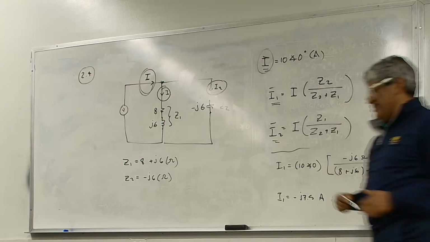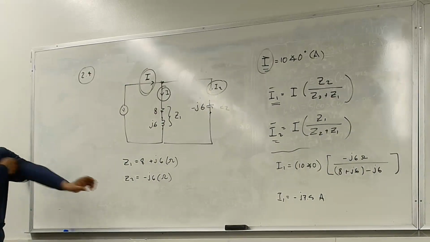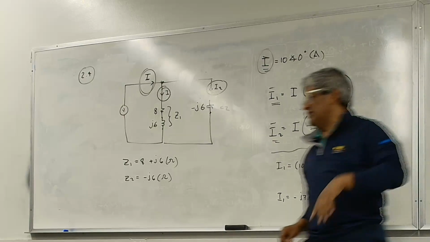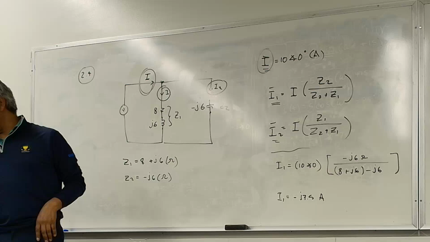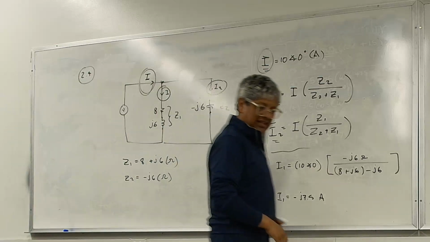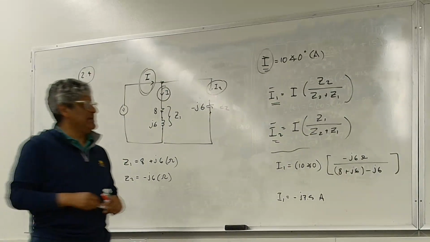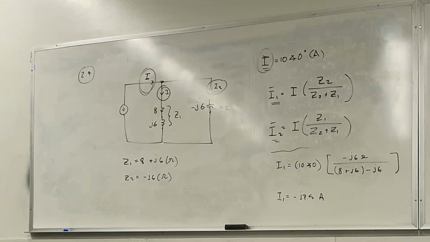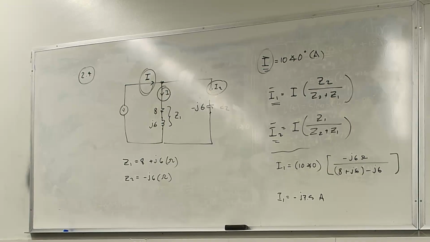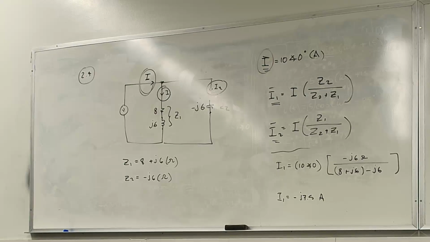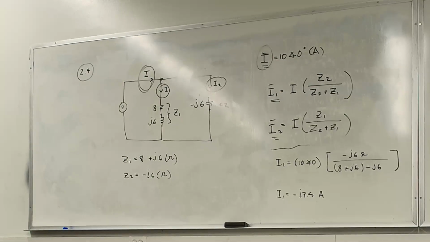Okay. From here, let's see, is that the final question? No, they're asking for voltage. We'll get there. But let's just take a look at this really quick. They're telling me that there are three phasors that I'm dealing with right now. I have one here, which is I, equal to 10 angle 0 degrees.